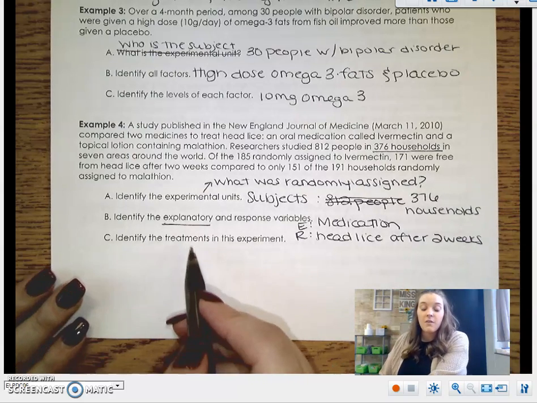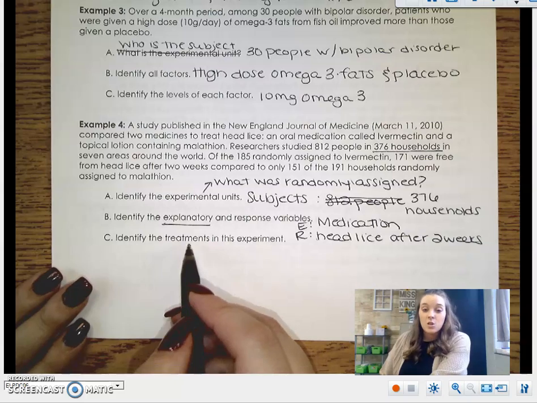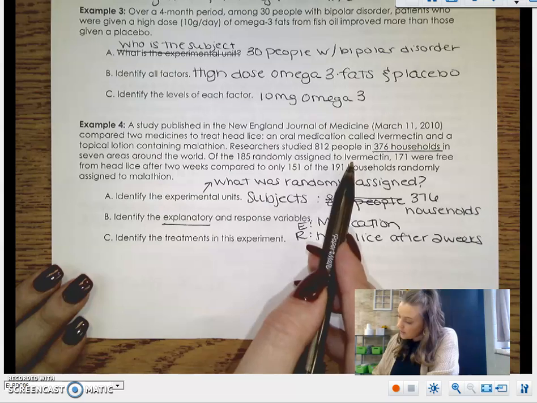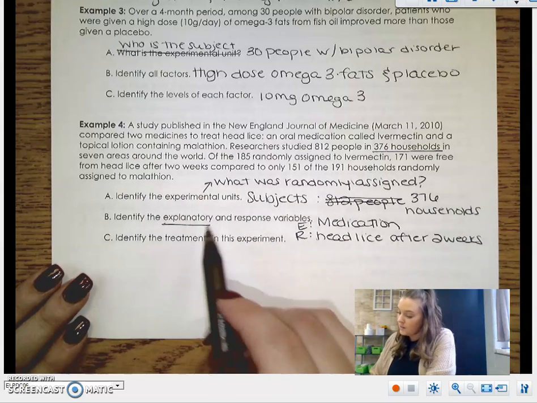All right, identify the treatments in this experiment. So the treatments were the topical lotion and the oral medication.